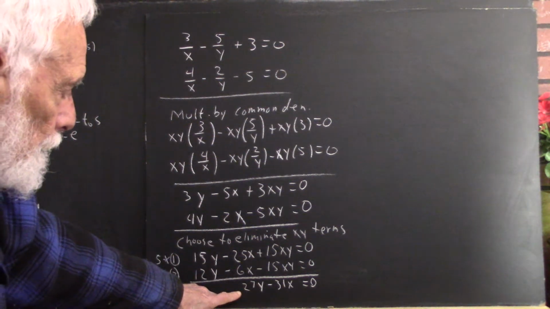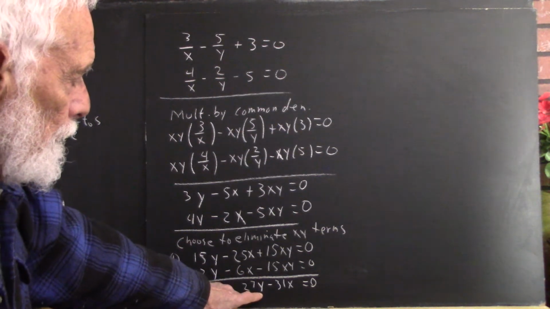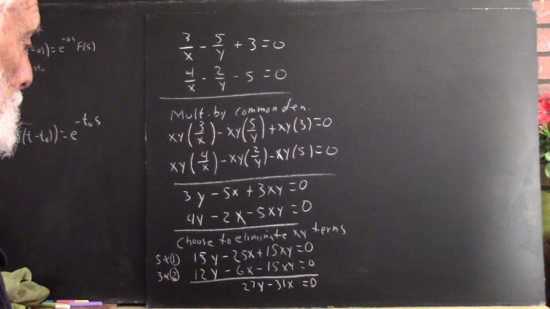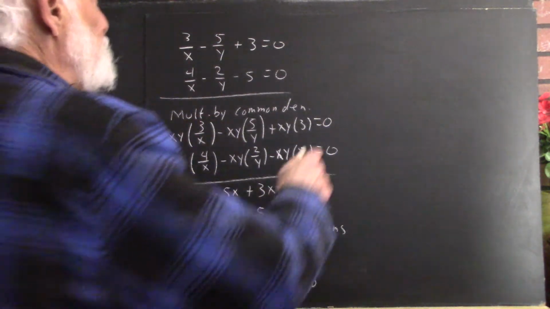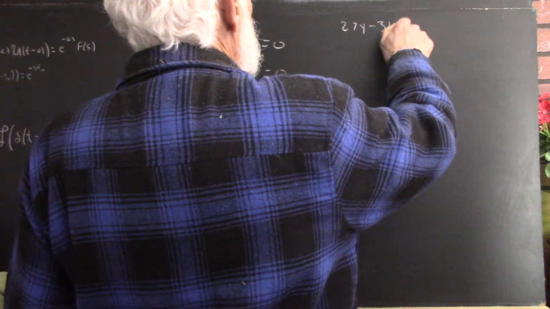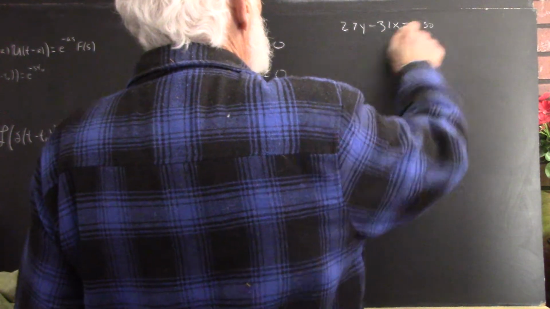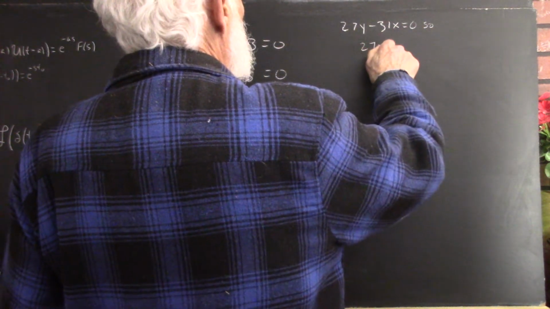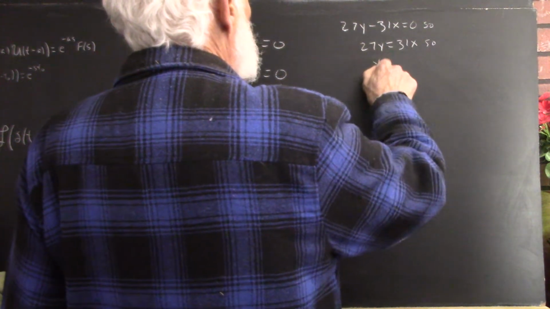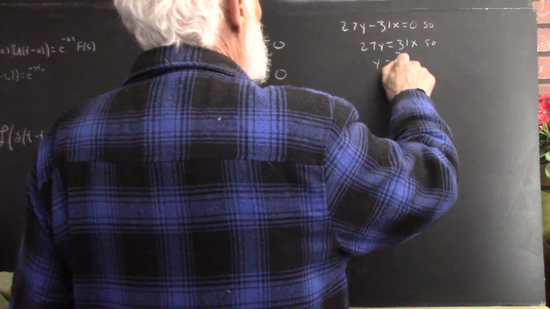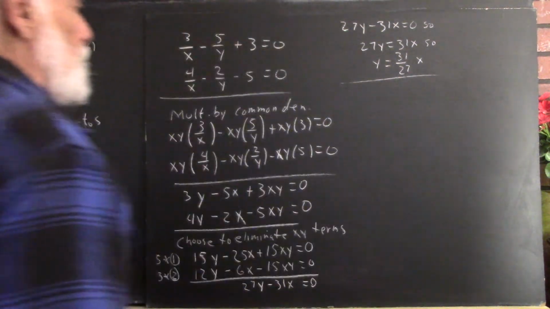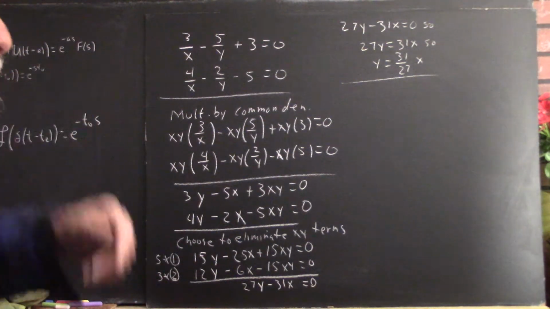And now we have an equation where we can solve, let's say, for y in terms of x. Okay, so y is 31 over 27 times x.